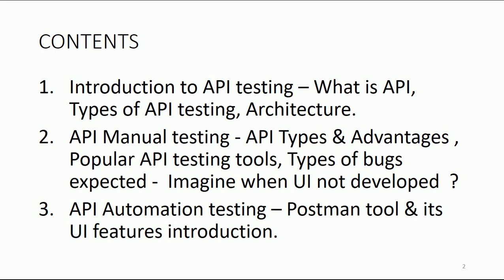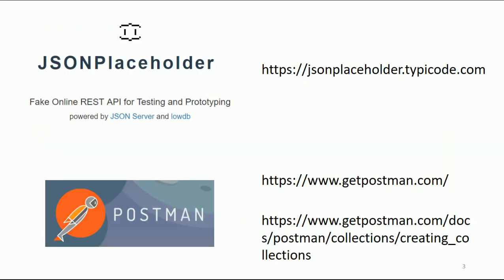As I mentioned, in today's video I'm using the tool Postman, and I'm also using the JSON APIs. Those are ready-made APIs, and if you look at this website, jsonplaceholder.typicode.com, you will find very nice APIs with their documentation.